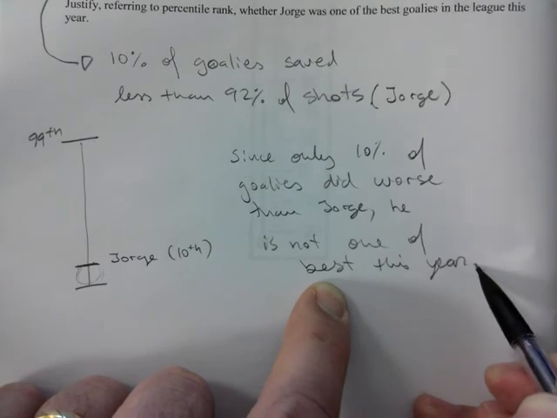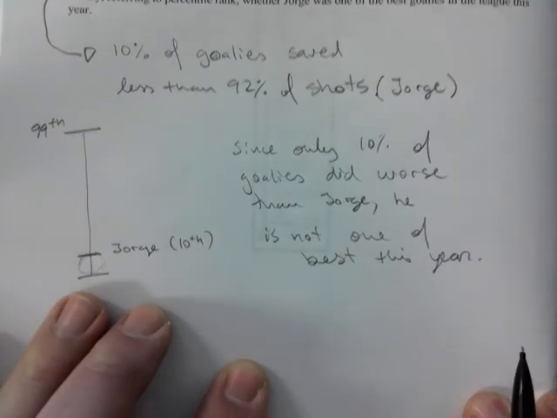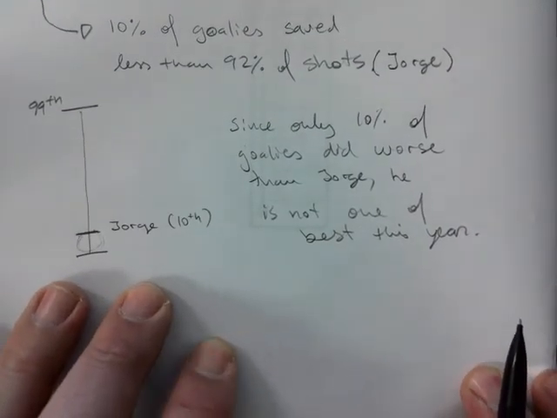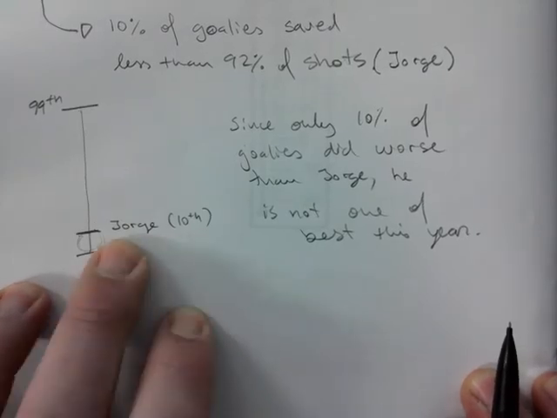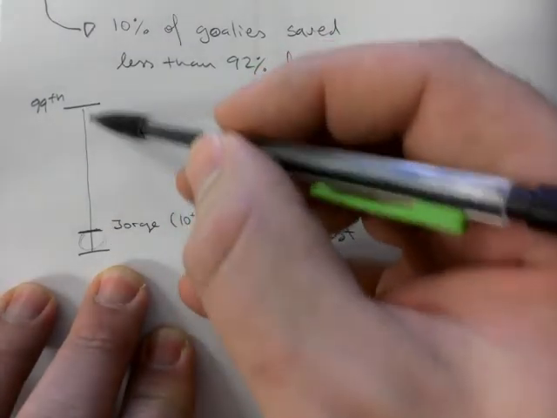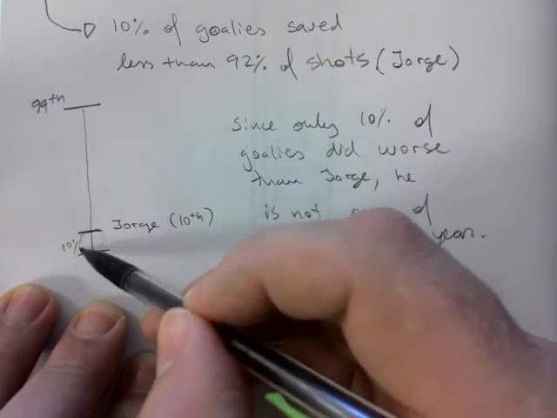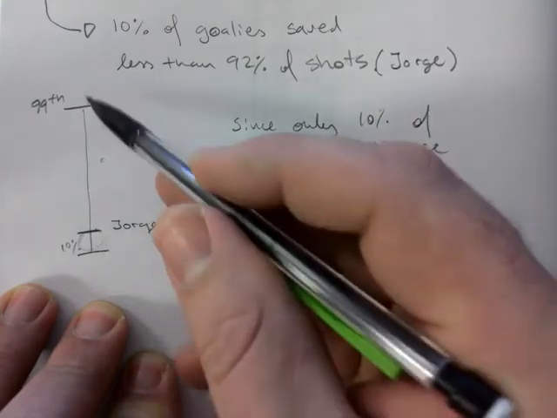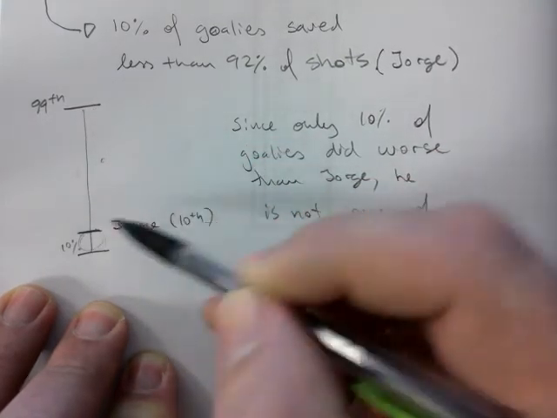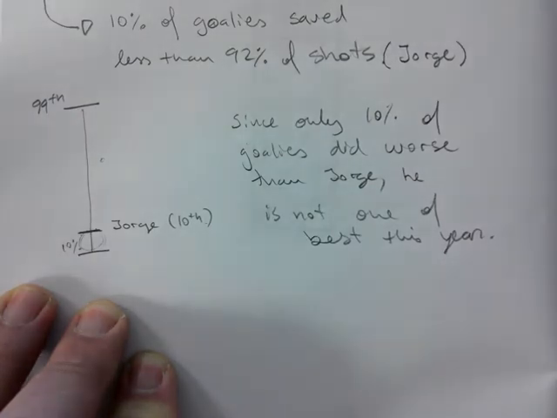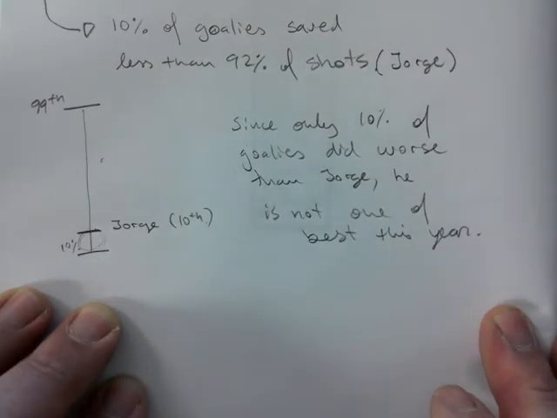Sorry, Jorge. Not picking on you, but we just have to face the facts, right? That you're in the 10th percentile. So there's a lot of goalies that did better, right? 10% below. We don't know if 90%, we don't know, might have been a few that are the same as him, but a lot more did better than him. Okay, next.